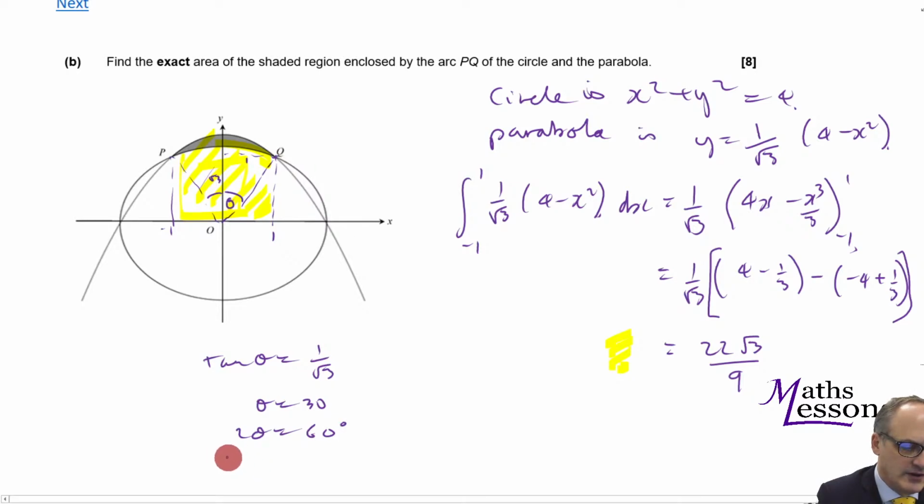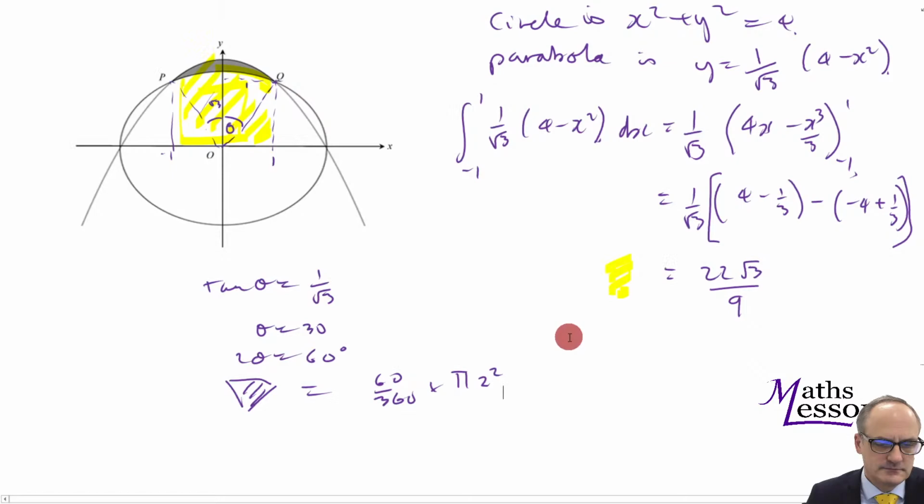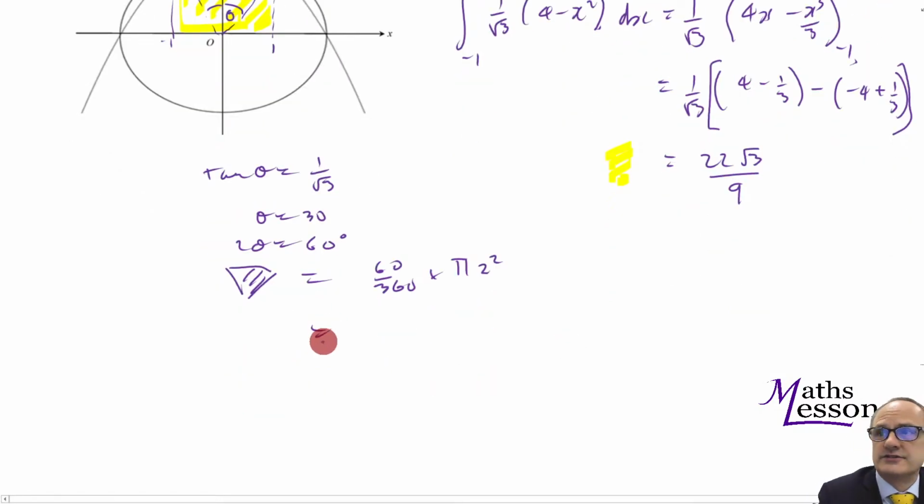So the area of that sector will equal 60 over 360 times pi r squared. So it'd be times pi times 2 squared. That works out: you get 1/6 of 4 pi, which is 2/3 pi.